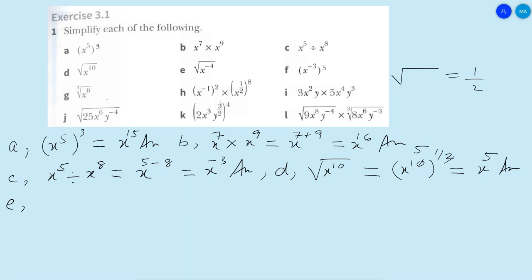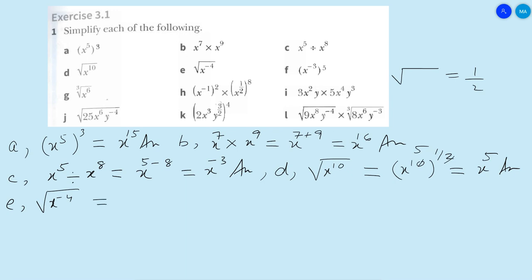Part E is x to the power minus 3 and whole power 5. What is the rule? Sorry, this is not part E, this is part F. Part E is x to the power minus 4 with square root.